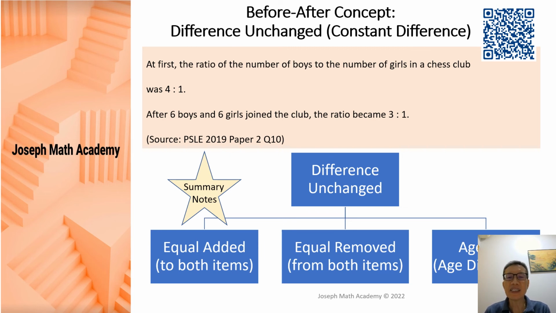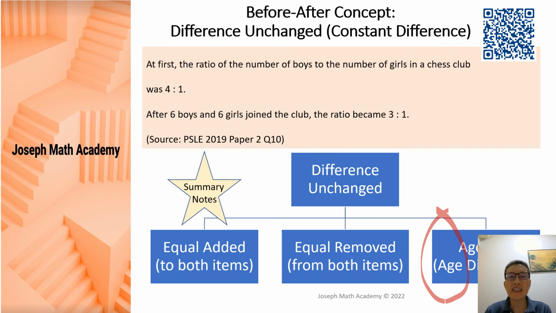Another one, the third type, which you may have seen before, is age difference. Age difference is also a difference unchanged concept. A very good example would be the current age of grandpa and Ali, versus grandpa's age 10 years later and Ali's age 10 years later.